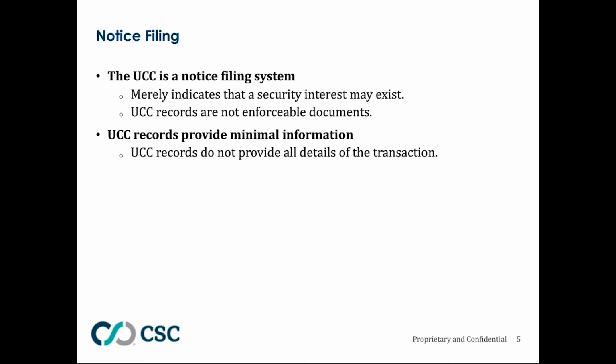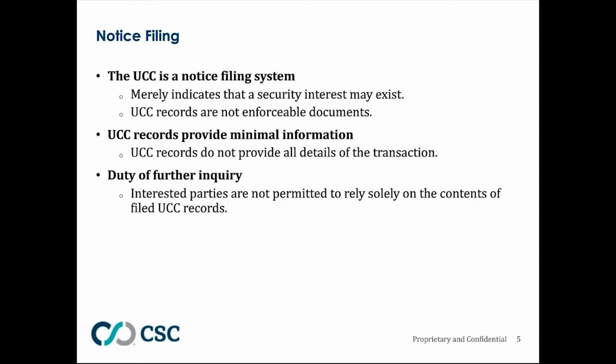And under the UCC system, because these notices do not provide all the details of the transaction, those interested parties who search the records are expected to conduct further inquiry beyond the public record to learn the full state of affairs. Those who search the UCC records are not entitled to rely solely on the UCC record itself.